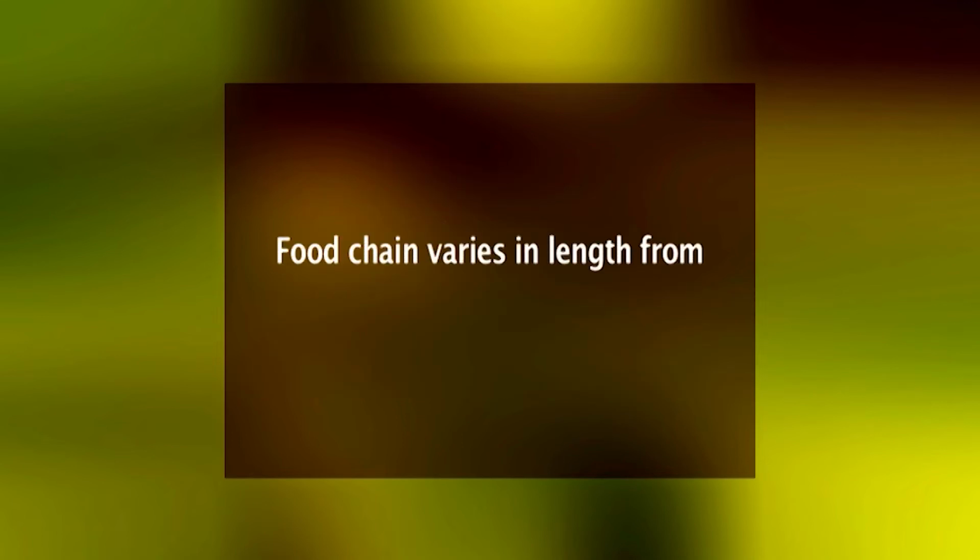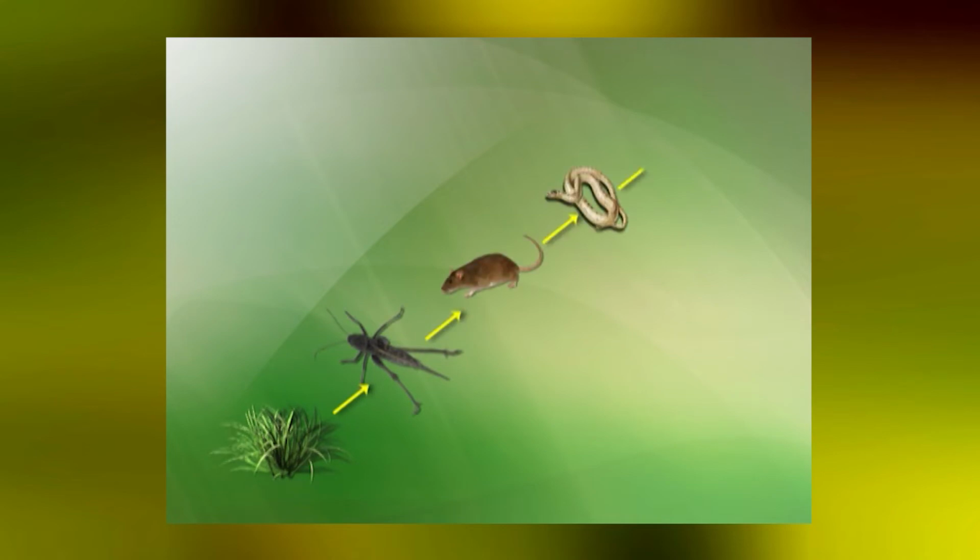Food chains vary in length from 3 to 6 or more levels. A food chain consisting of a flower, a frog, a snake, and an owl consists of 4 levels, whereas a food chain consisting of grass, a grasshopper, a rat, a snake, and finally a hawk consists of 5 levels.